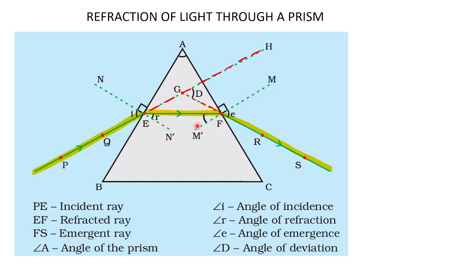You can see one angle here, D. The incident ray is supposed to go along this way, but through an angle D there is a deviation. So D is the angle between the direction of the incident ray and the emergent ray. D is said to be the angle of deviation.